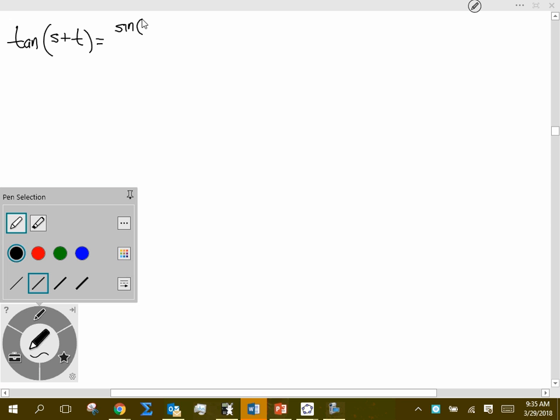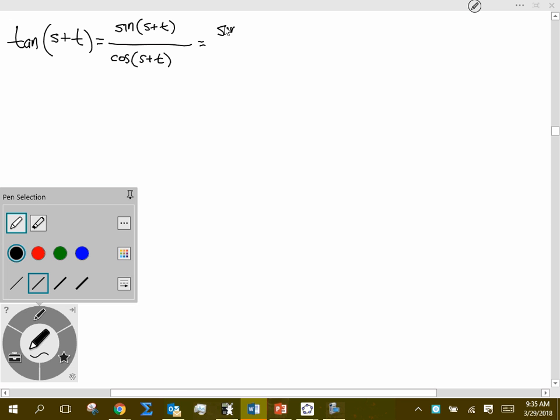That's sine of S plus T divided by cosine of S plus T. Now I'm just going to expand those using the sine sum formula and the cosine sum formula.